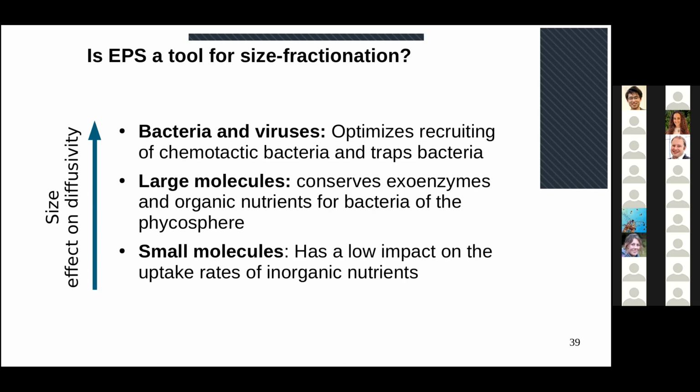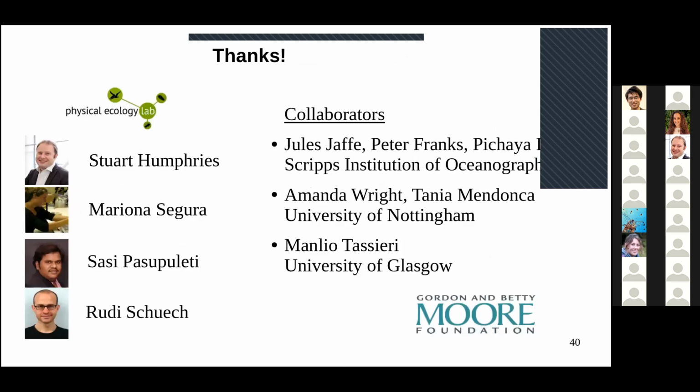So we propose that maybe we could start seeing this EPS as a kind of engineering tool for phytoplankton that allows them to have more control on the physics and the composition of their immediate environment.